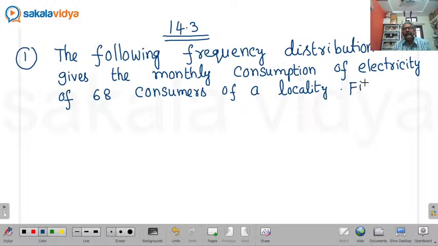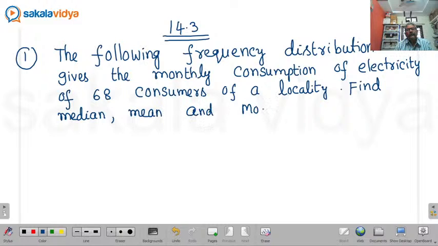Find the median, mean and mode of the data, and compare them. All three central tendencies we need to find out.